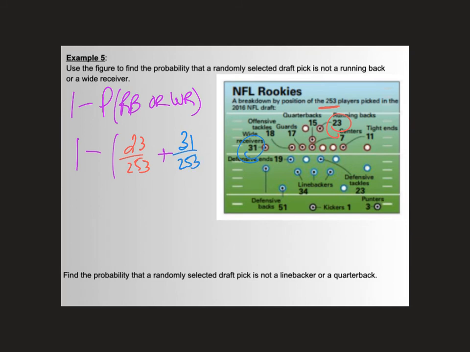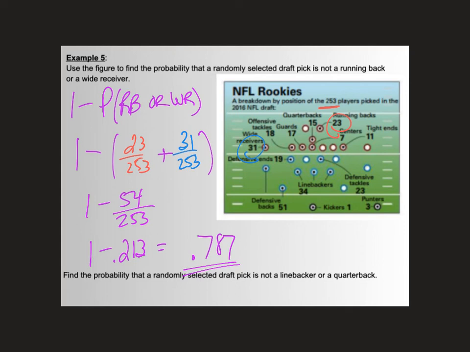Guys, really, honestly, just write it down so you have it, and then just plug everything into your calculator. But really, it's going to be 1 minus 54 over 253, which is 1 minus 0.213, which is 0.787. So that's your probability that you are not a running back or a wide receiver.